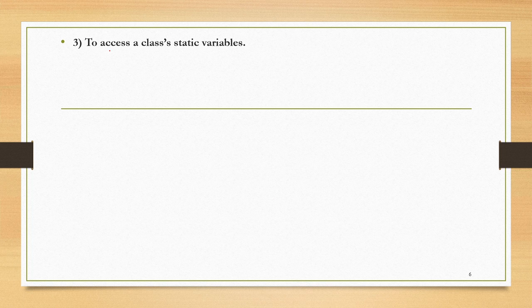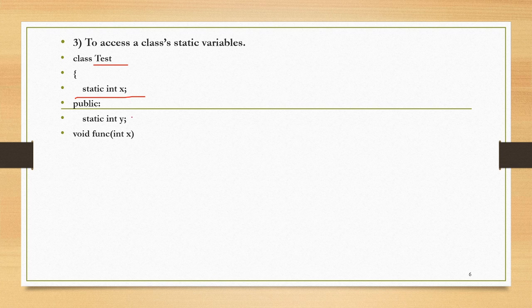Next, to access a class's static variables. With the help of an example we are going to see it. Suppose this is our class Test, and we have one static integer x variable, and we have another static integer y.